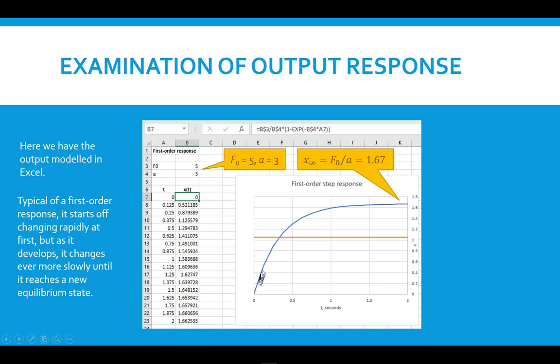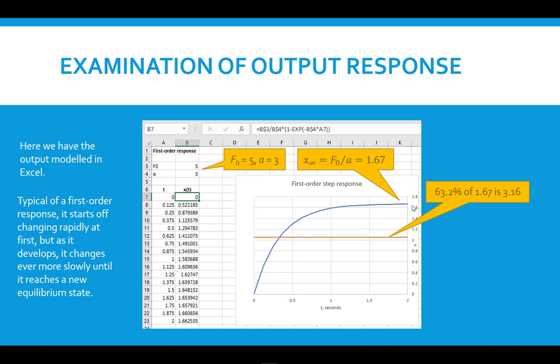So it starts off quick, responds quick, always slower until it reaches a steady state value, and then it quits changing altogether. It goes to a new equilibrium state, we say. It was at an equilibrium state of 0, and now it's at an equilibrium state of 1.67.